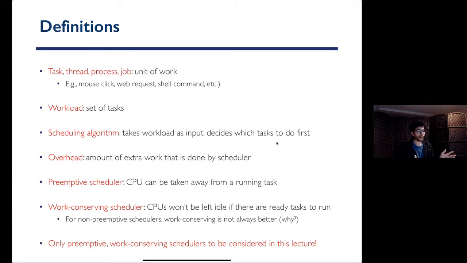You might actually think, what the heck, why would anybody want to keep the CPU idle if you have tasks to run? And the answer is, here is just an example where it might make sense to keep your CPU idle even though you have work to do. Let's assume that your system is non-preemptive, so if a task starts, it has to run until completion.